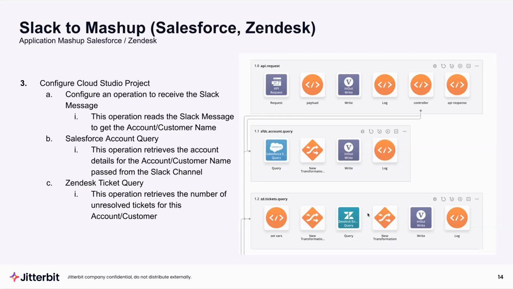We count those up, and then we respond back to the API message, which sends the message back to Slack, so we can see in the Slack channel the Salesforce account attribute information as well as the number of tickets for that particular customer. So that's use case number 2.